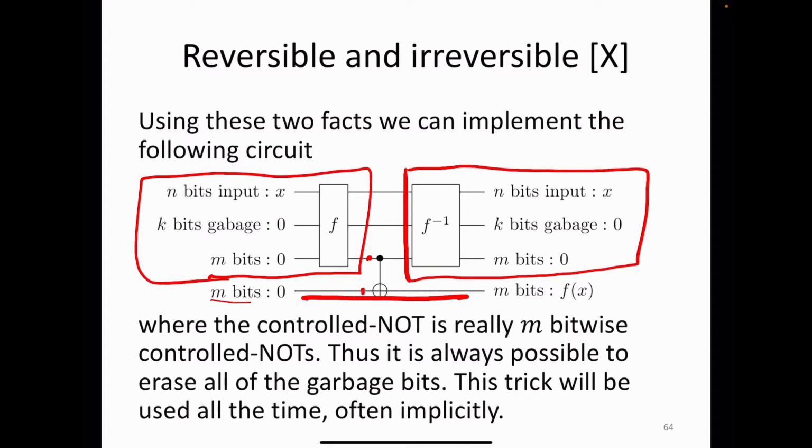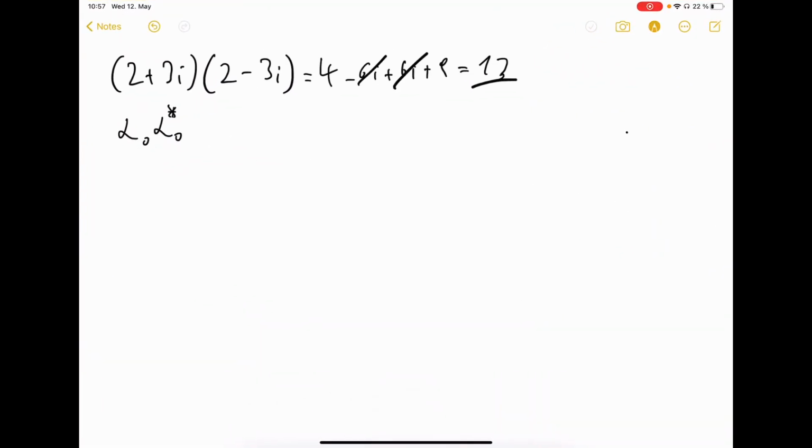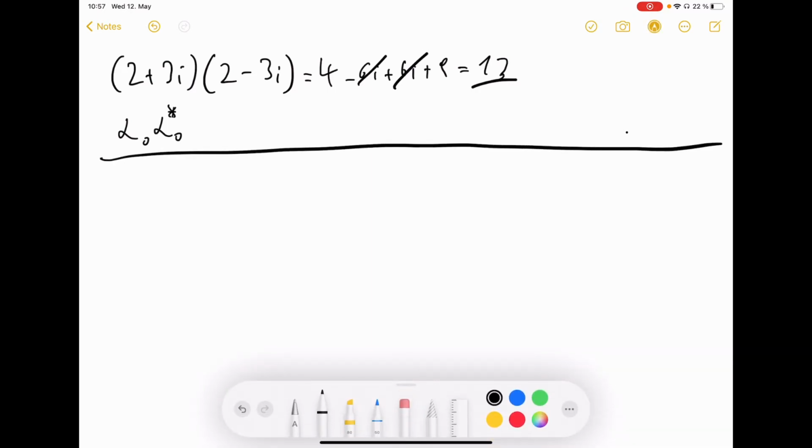If we just look at it briefly, let's go back here. So we remember that the controlled NOT, C_ij, on a state 1, 0 copies, so in that case this is my m-th bit, so copies the first one, so to say, to the second one, so I will end up with 1, 1.